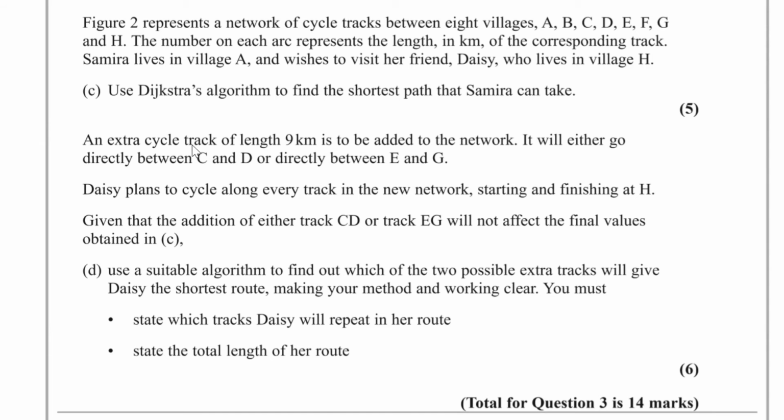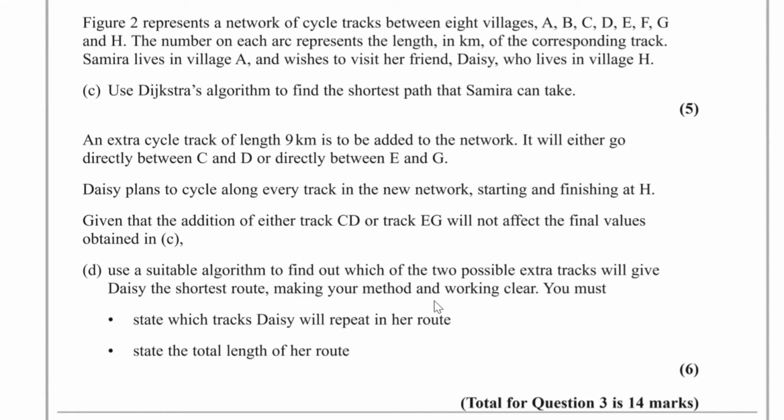Next, an extra cycle track of length 9 kilometers is to be added to the network. It will either go directly between C and D or directly between E and G. Daisy plans to cycle along every track in the new network, starting and finishing at H. Given that the addition of either track CD or track EG will not affect the final values obtained in C, we have to use a suitable algorithm to find out which of the two possible extra tracks will give Daisy the shortest route.